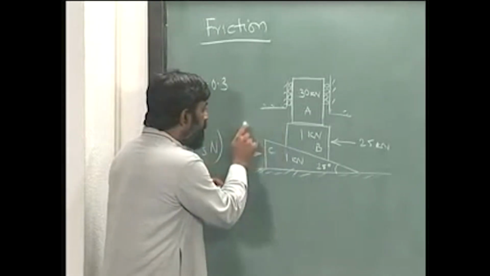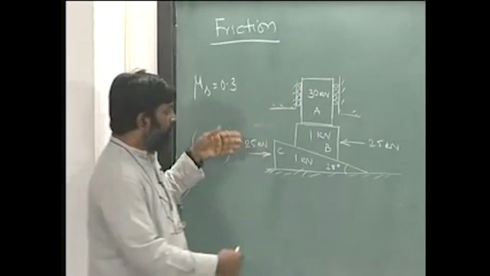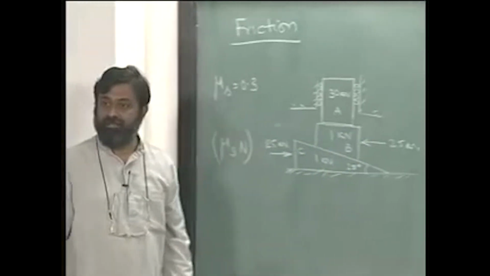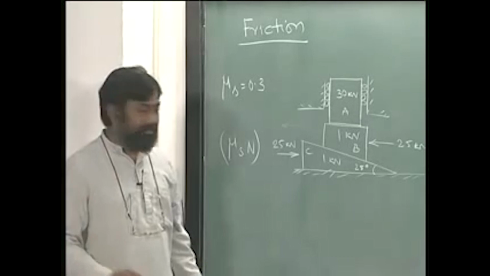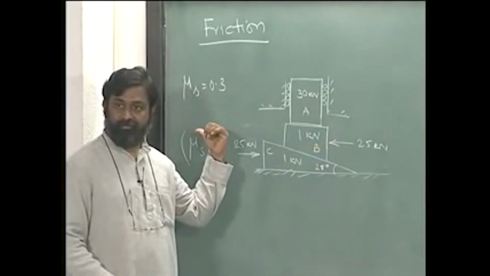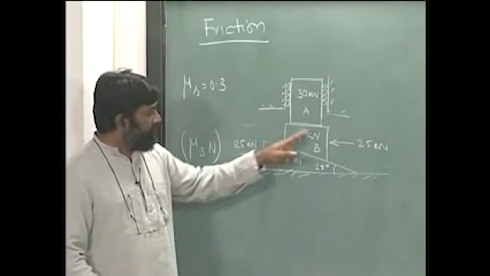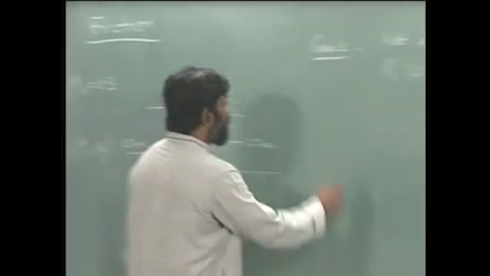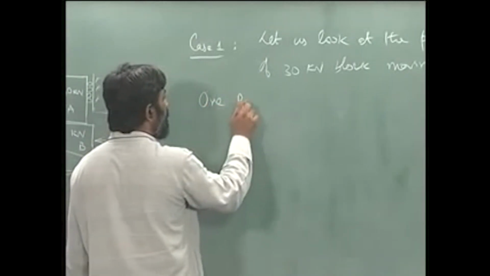So, if B goes this way, then again I will see an upward movement. The other alternative is that both of them move simultaneously. In either case, I see that this block has to move to the left. So, let us look at that possibility first.